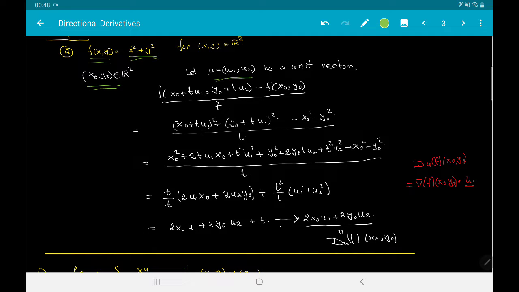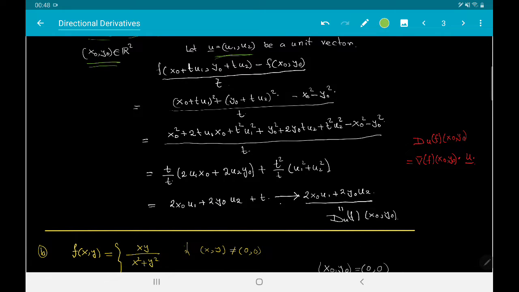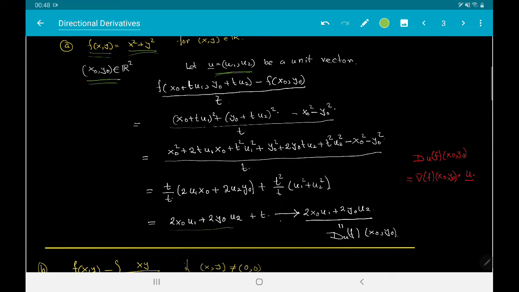I do all the simplification, and the final expression turns out to be equal to 2x0 times u1 plus 2y0 times u2 plus t. But as we take the limit as t tends to 0, this term goes to 0, and we are left with 2x0 times u1 plus 2y0 times u2, and this is our directional derivative of f with respect to u at the point x0 y0.